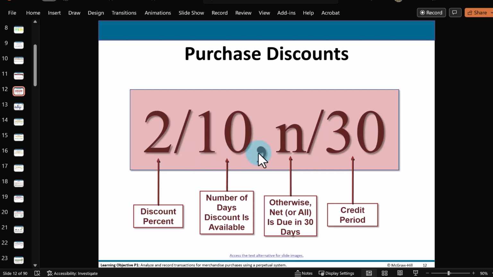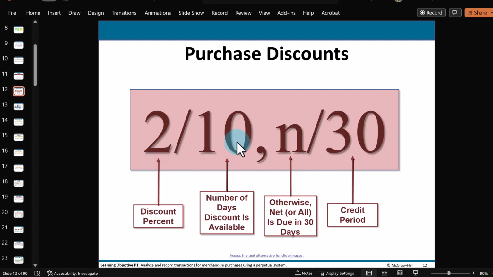Otherwise, the whole bill, called net, is going to be due at the regular 30 days after the purchase date. The way to pronounce these terms is 2/10, net 30. We get a 2% purchase discount from the viewpoint of the purchasing company. In the viewpoint of the selling company, this would be a 2% sales discount.